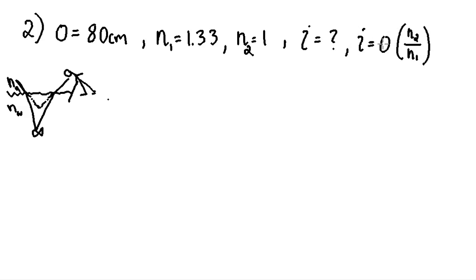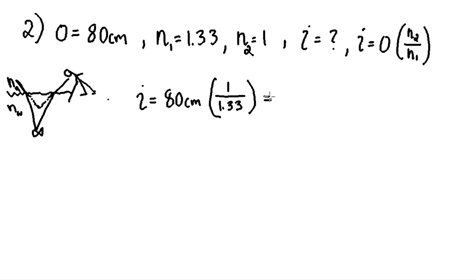The thing is, you'll probably have to manipulate it to find this, this, or this, not just this. Alright, so this is an easy one. We're just plugging in our numbers into this equation. Over here, up top, we have 1. And on bottom, we have 1.33.